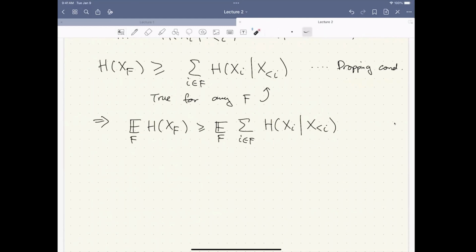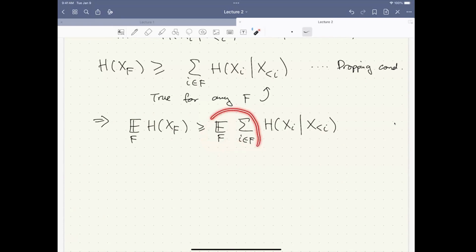Okay, let's write what this is. Look here. We sum over all elements i in F, and then we take the expectation over F.